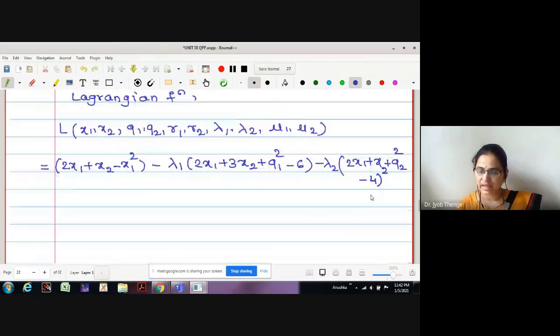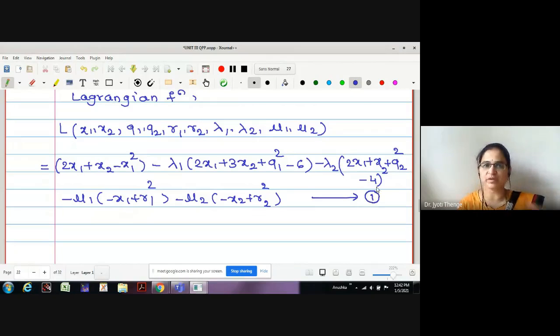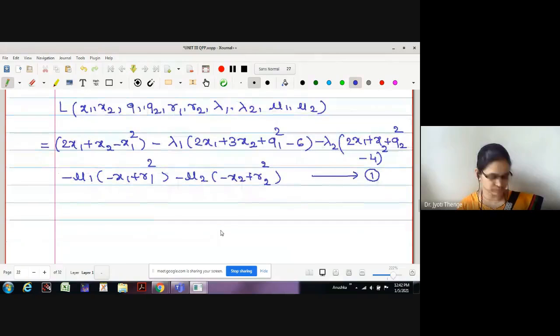Then minus mu1 into minus x1 plus r1 square, minus mu2 into minus x2 plus r2 square. Is that okay? Let me call it statement number 1. Is the construction of the Lagrangian function understood?